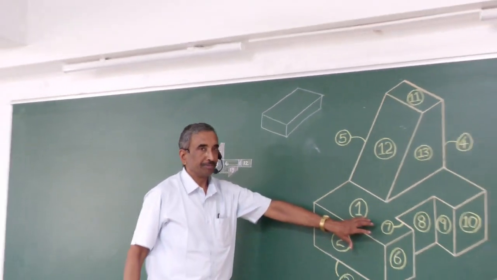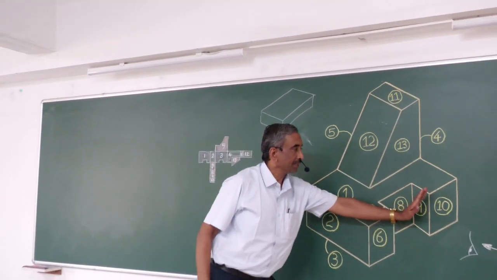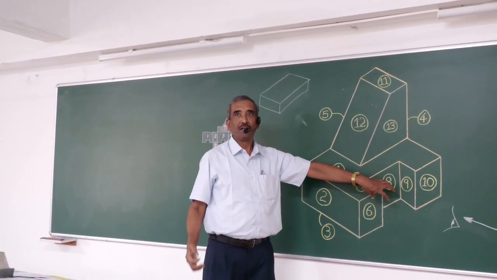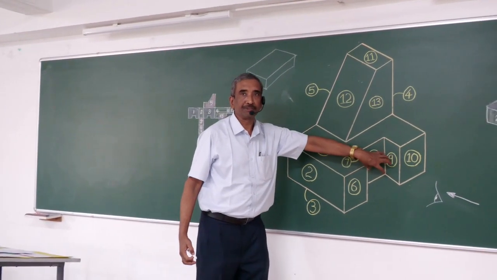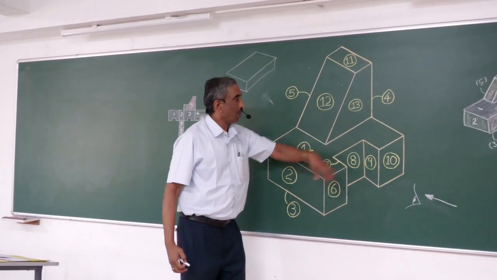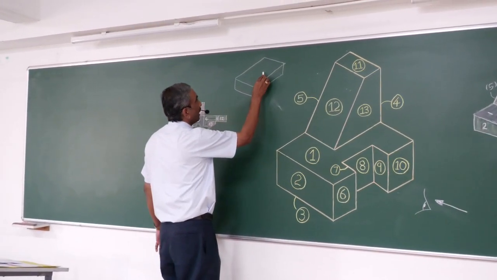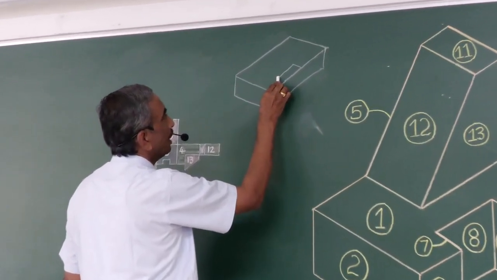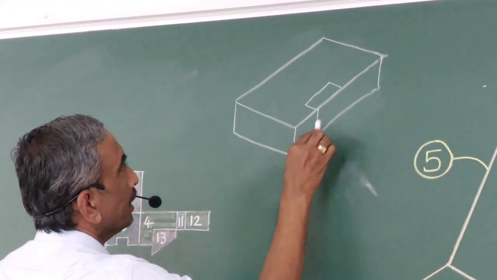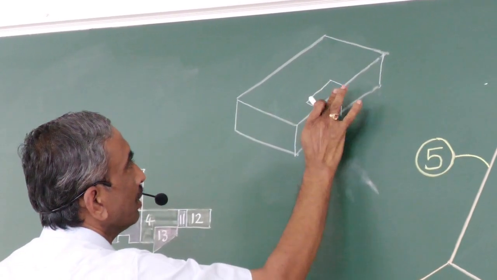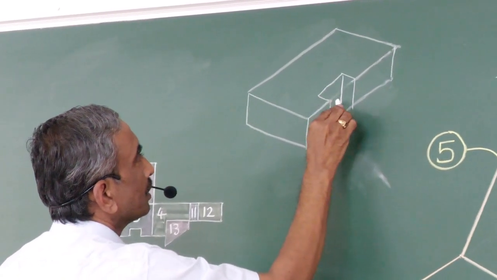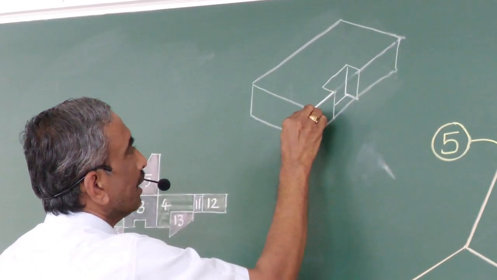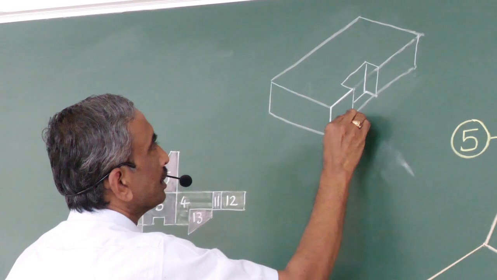So this model is having a groove. We call this as a groove, or we'll be calling this as a slot. So what I do is I cut a small part of this model and let me call this as a slot. So now this is a rectangular component with a slot.